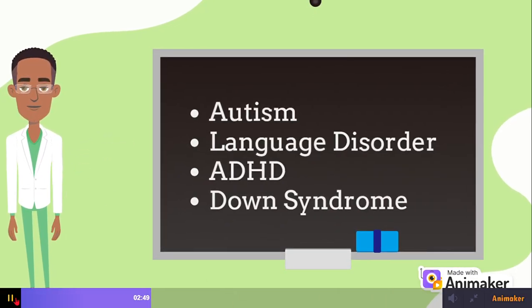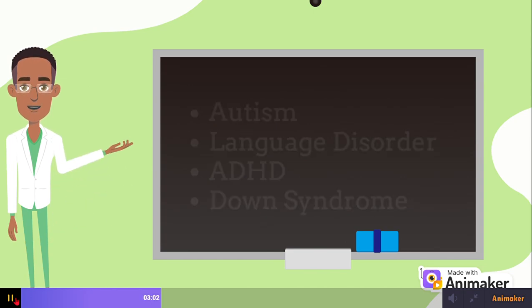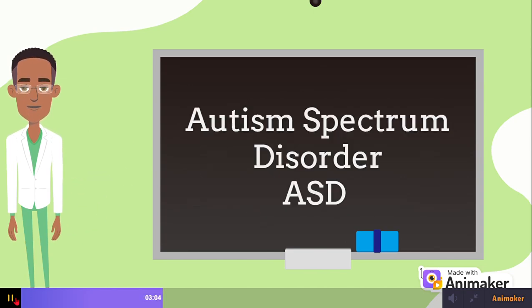There are several types of intellectual developmental disorders. They include autism spectrum disorder, language disorders, attention deficit hyperactivity disorder, and Down syndrome. Autism spectrum disorder, or ASD, includes a wide range of spectrums and different levels of impairments.